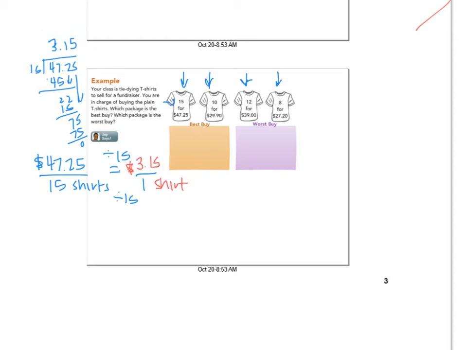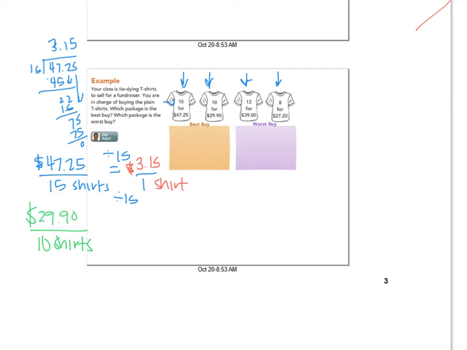Alright. So the next one is 10 shirts for $29.90. So use a different color. We know that the shirts have to be on the bottom. So I have 10 shirts, and it would cost me $29.90.